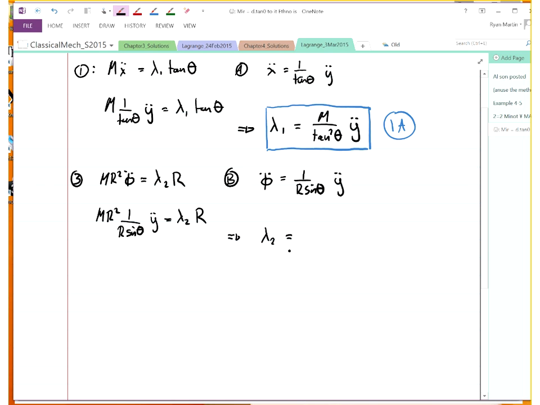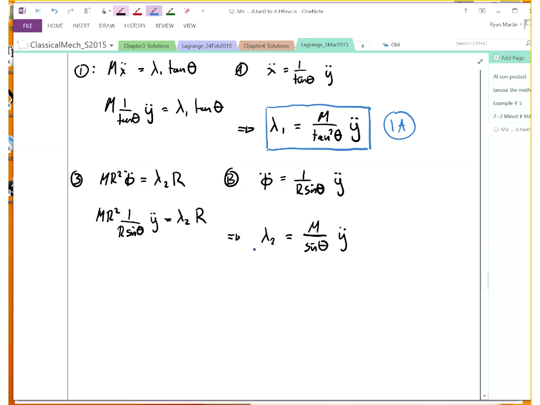As we arrange this a little bit for lambda 2, I get lambda 2 is m over, so if I bring the r over, the r cancels, right?